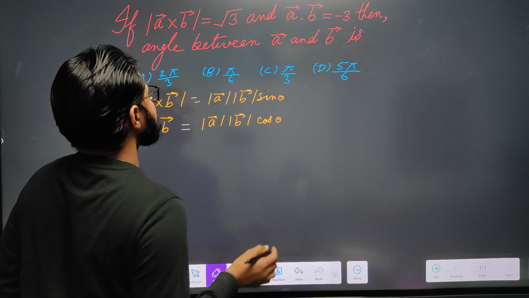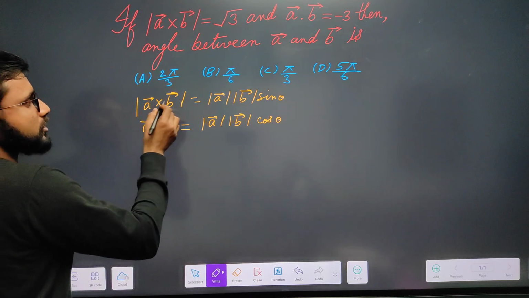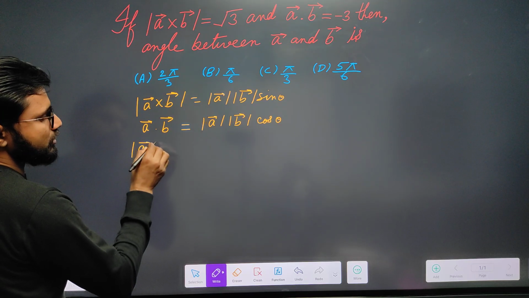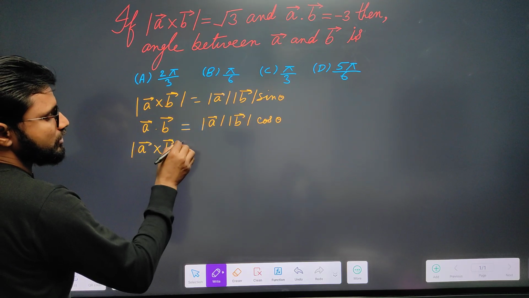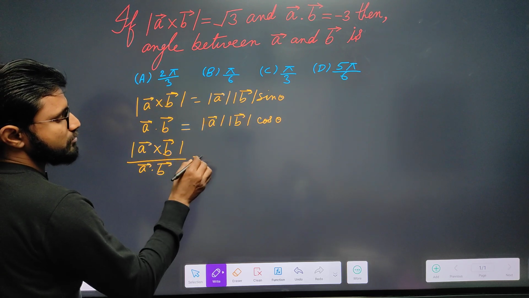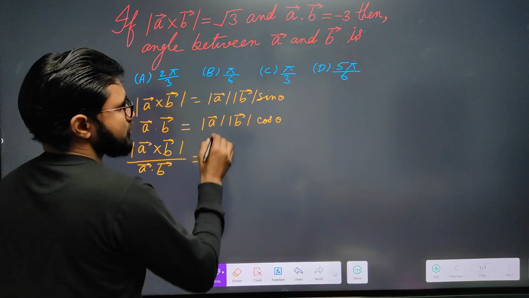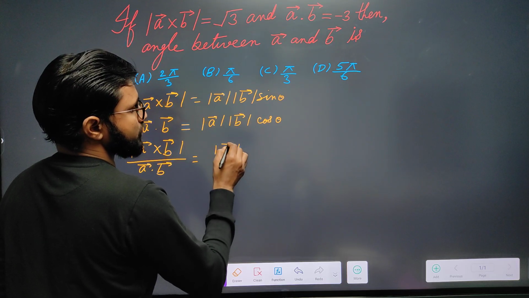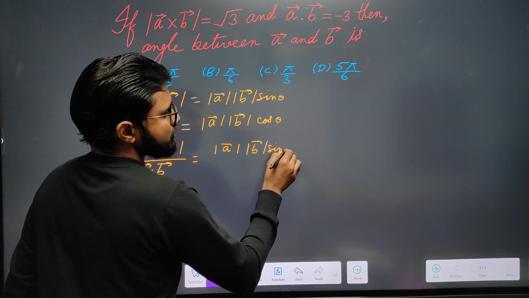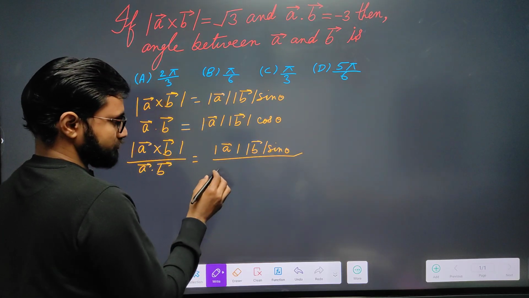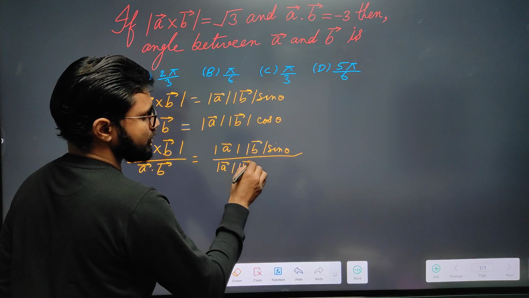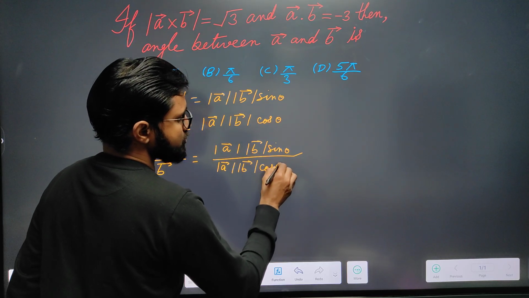And if we divide the magnitude of the cross product of two vectors by the dot product, then it becomes |A| |B| sin theta upon |A| |B| cos theta.